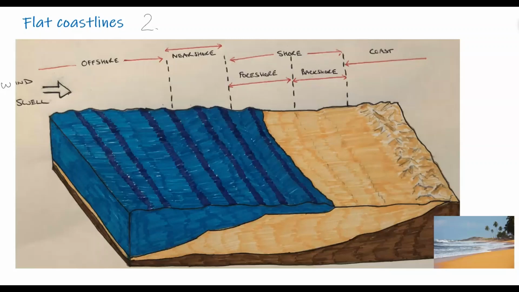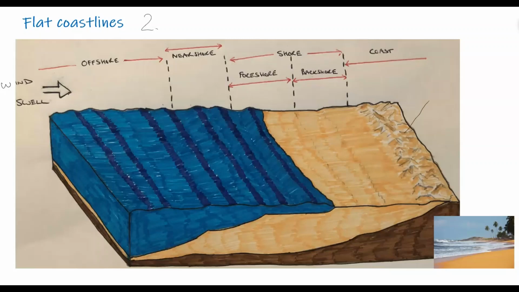Then over here you have the accumulation of sand beyond the shore, in a part of the coastline called the coast. Now, there are definitive areas, as you can see by the top terms of offshore, nearshore, foreshore, backshore, and coast and shore. There are definitive locations within the coastline that these terms apply to.